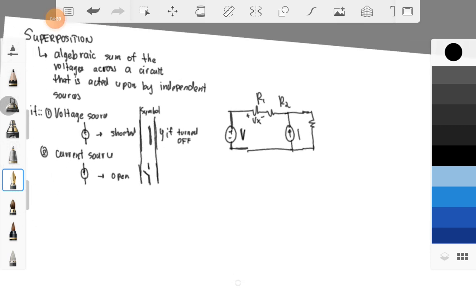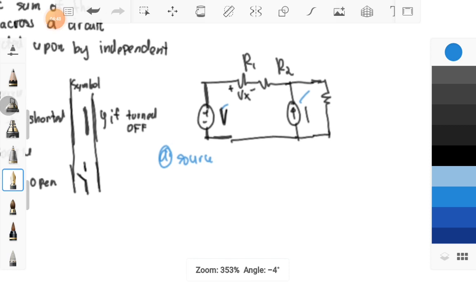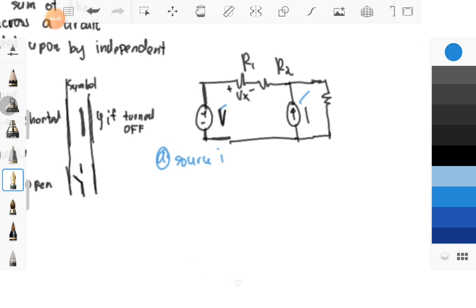so ang sinasabi ko kanina dito is that we will analyze them in 2 sources. So at source 1, sabihin natin analyze natin siya at voltage at V. So therefore ito lang yung on natin. So magiging ganito siya. So as I have said, so this will be your V, and then will be your R1, and then your positive negative Vx.